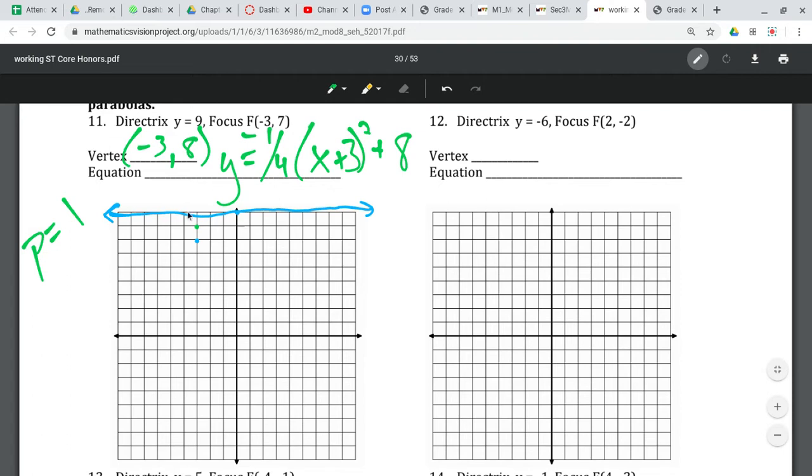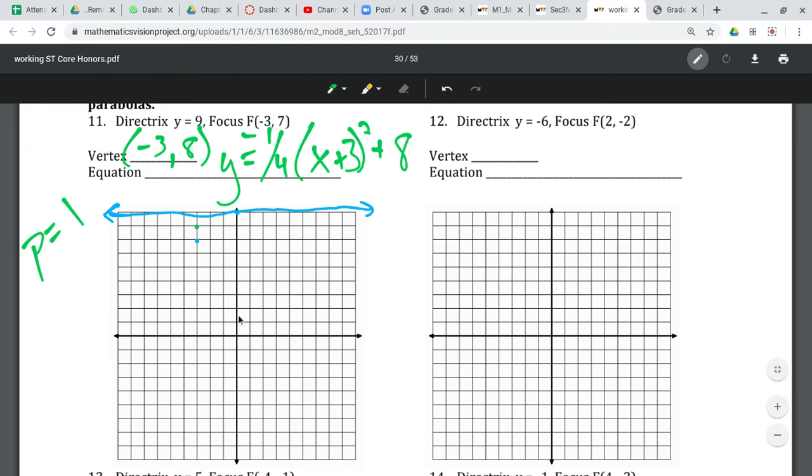So remember, it hugs the directrix. So this is actually a -1 distance-wise. I apologize for that. So 3 squared is 9 times the -1/4 is -2 and 1/4. And then we're going to add 8 to that. So we get 5 and 3/4.